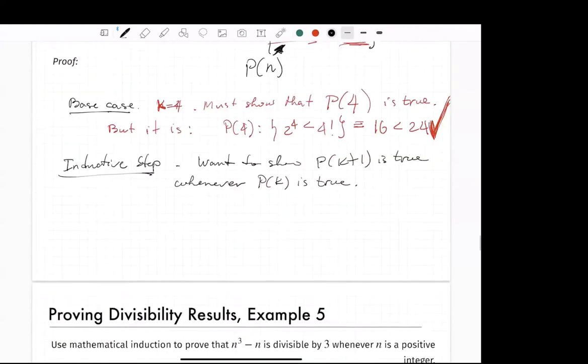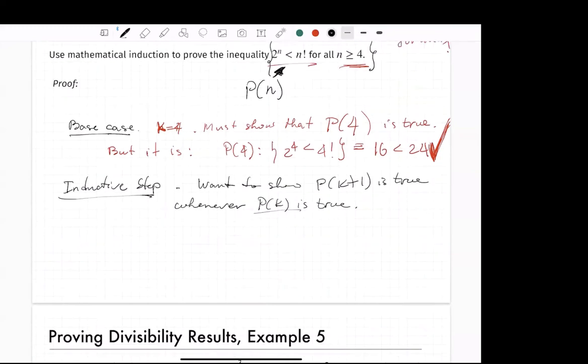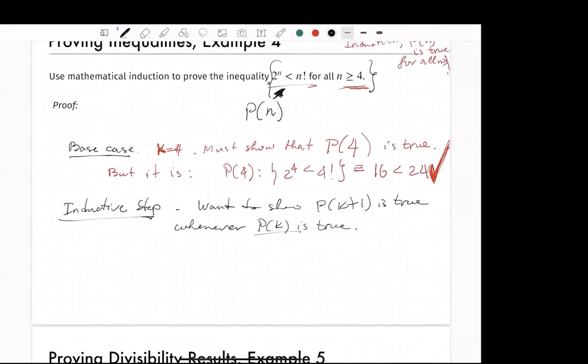Just for variety, we'll phrase it differently. So I can assume P of k is true, and I want to prove P of k plus 1. What is P of k plus 1? Help me write it down. What should be my end result that I'm after? Can anyone help me out?